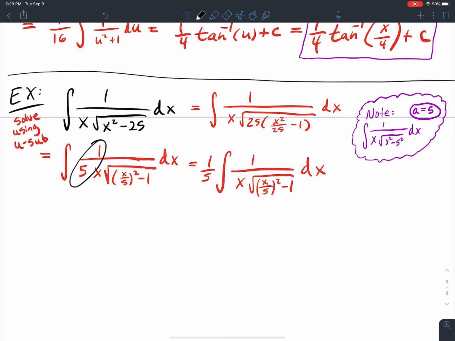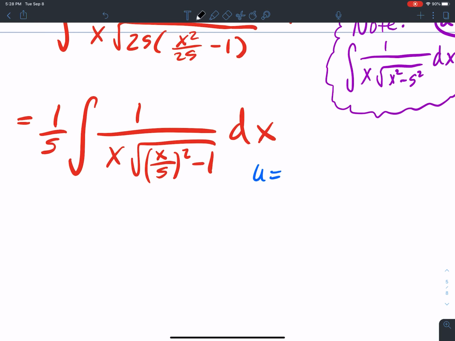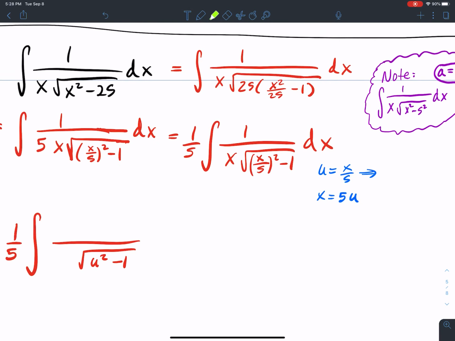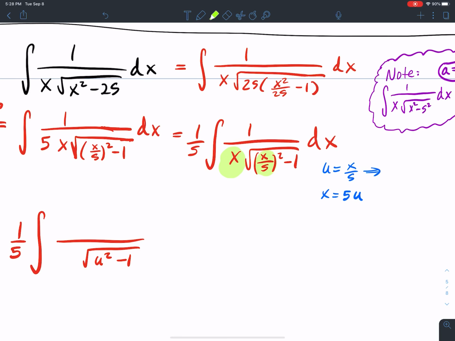I'm going to take the 1/5 outside the integral using the constant multiple rule. And so now I'm ready to do a U substitution where U is equal to this inside here. And so U is equal to x over 5. And if I'm going to do a U substitution, I need to get rid of all the x's, right?